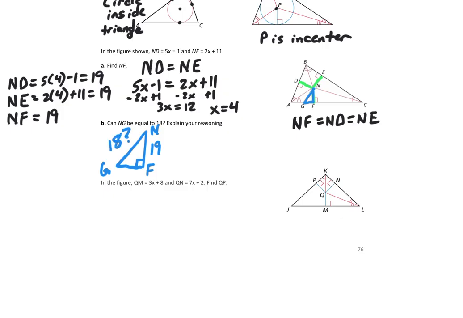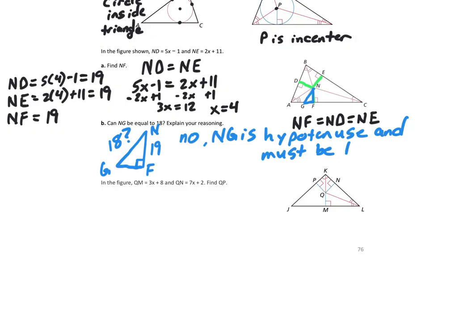The question is asking us, is it possible for NG to be 18? No, why not? It has to be bigger, right? We would say no. NG is the hypotenuse and must be the longest side.